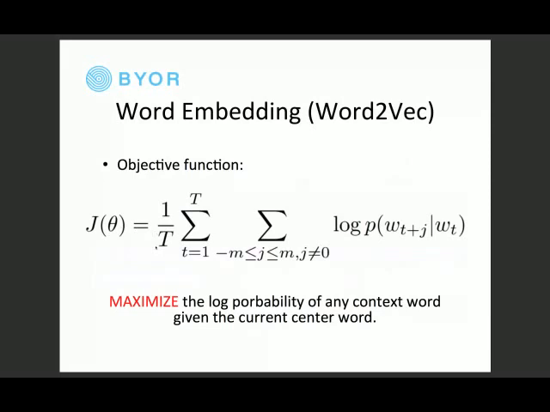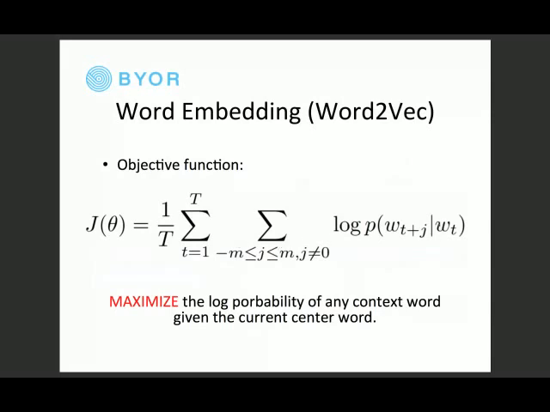If you have a very large corpus, it can be billions. It will take a very long time to train. And this big T is not the number of distinct words. It's the number of every word used in that corpus. And M is the length of the window: we predict M words to the left and M words to the right.